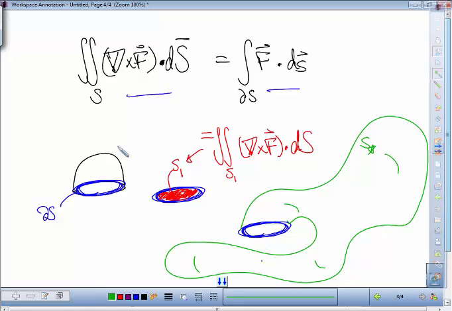It should still work out okay, right? Of course, I'm not going to trade in a more complicated surface. I might want to trade in a simpler surface with a flat disk instead of a hemisphere or a paraboloid or anything for that matter that has that boundary. So I can trade in a simpler surface to do this integral. So that's another aspect of Stokes' theorem.